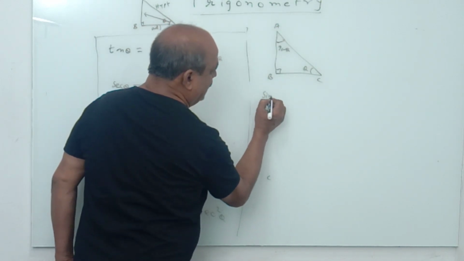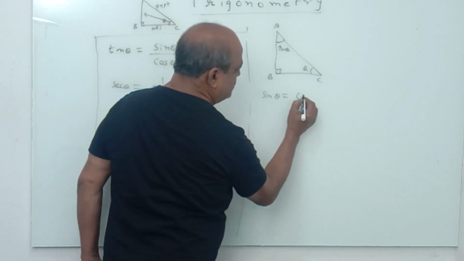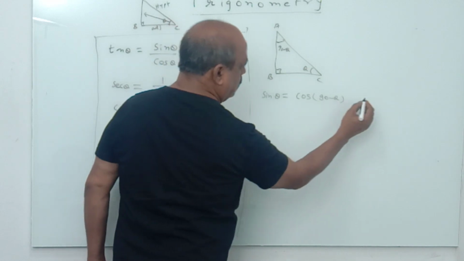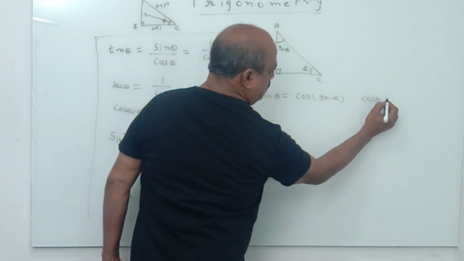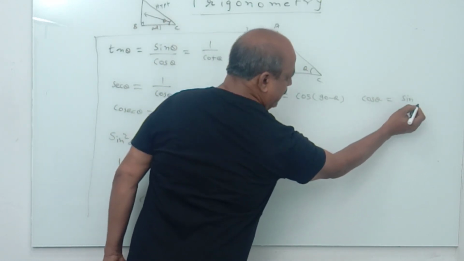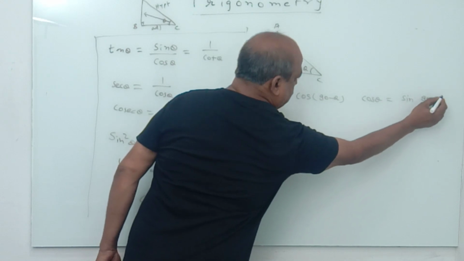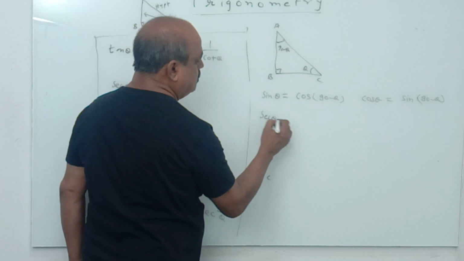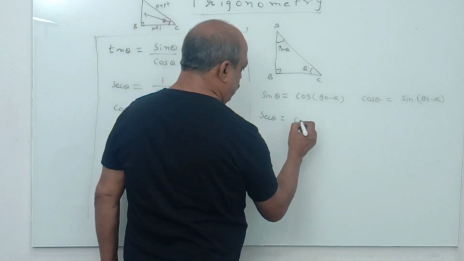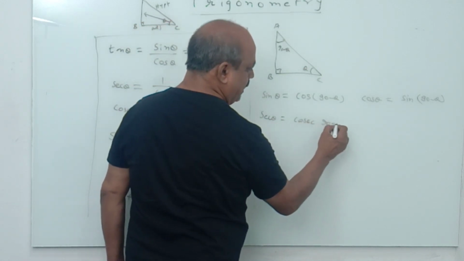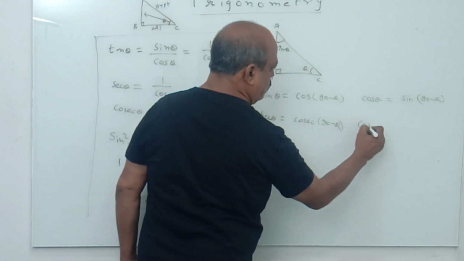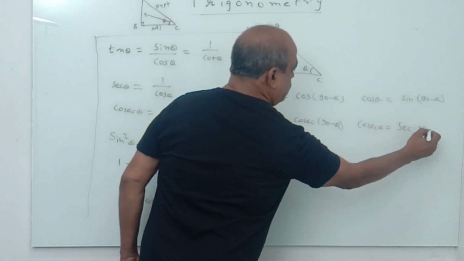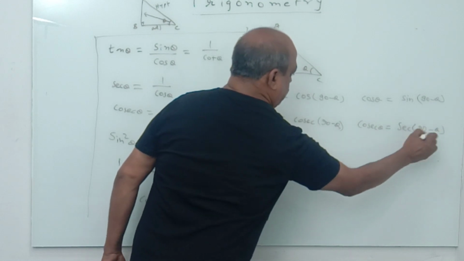So sin theta can be written as cos of 90 minus theta, or cos theta can be written as sin of 90 minus theta. Similarly, we can write sec theta as cosec of 90 minus theta, or cosec theta is equal to sec of 90 minus theta.